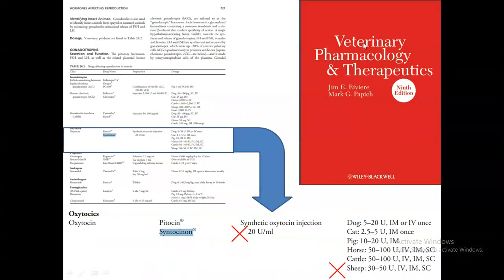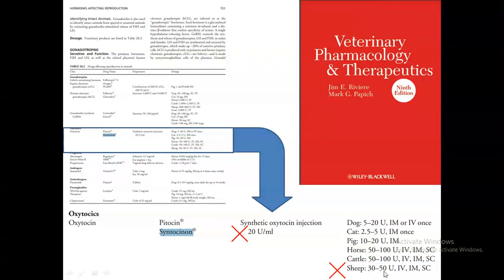And if we go to Veterinary Pharmacology and Therapeutics, at page number 721 of the ninth edition, it is telling that the dose of oxytocin is 30 to 50 units for sheep.